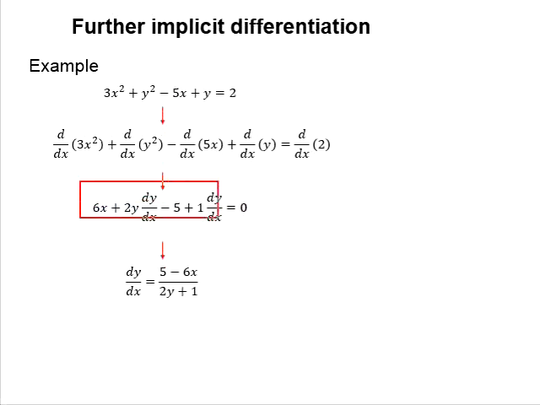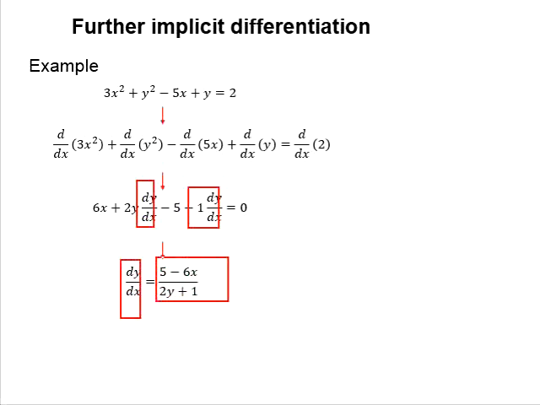From here, you will get this equation. You may rearrange the equation by grouping dy/dx on one side and the others on the other side. This will give you the answer here.